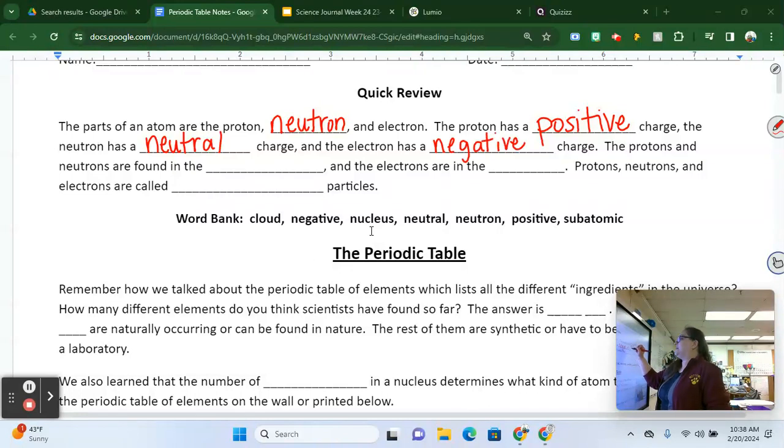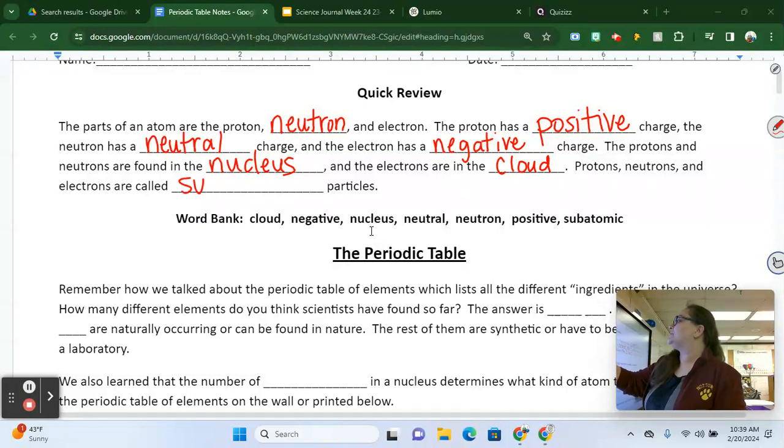I know. It's dumb. But as I've said before, the dumber it is, the more likely you are to remember it. The protons and neutrons are found in the nucleus, and the electrons are in the cloud. Protons, neutrons, and electrons are called subatomic particles.